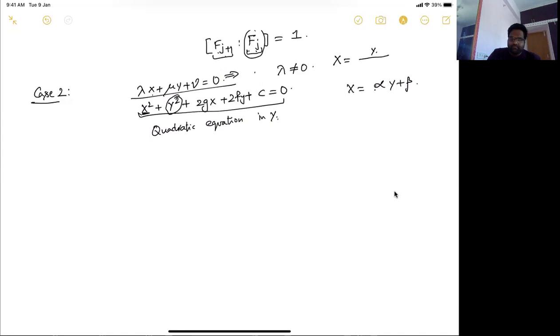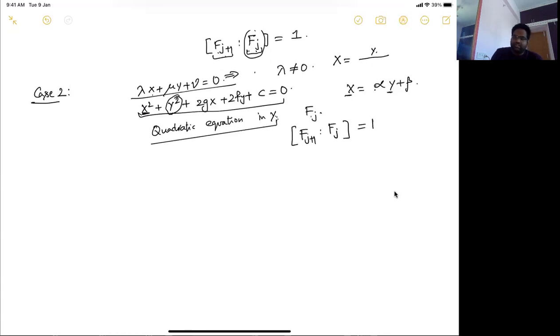This quadratic equation may have roots in Fj or may not have a root in Fj. If the roots of this quadratic equation are already present in Fj, that means y is an element of Fj, and therefore x is also an element of Fj. In that case, you don't get any new extension by adding xj plus 1 and yj plus 1, so the degree is 1.